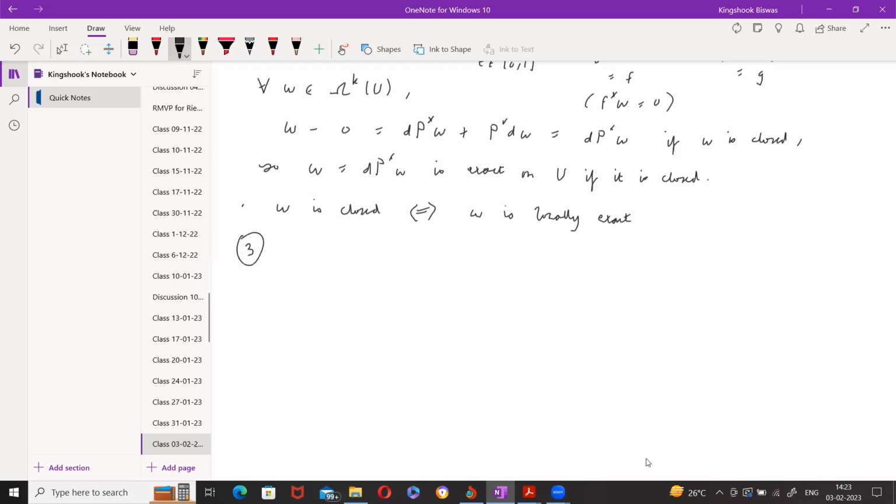So, as a last application, we can talk a bit about de Rham cohomology and its homotopy invariance. So you would have seen in your algebraic topology that homotopic maps induce the same map on homology, right?